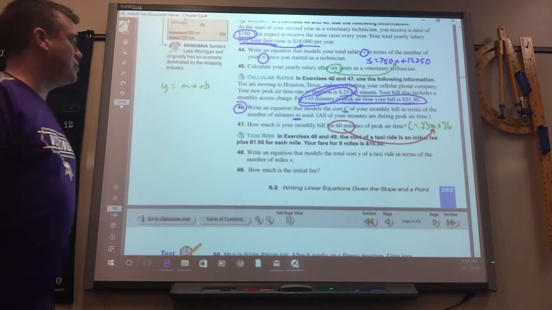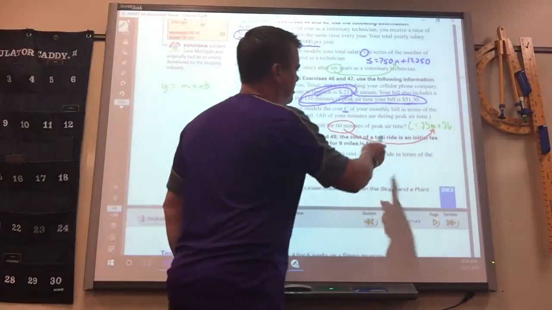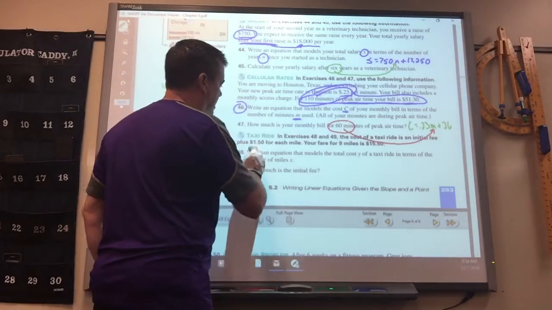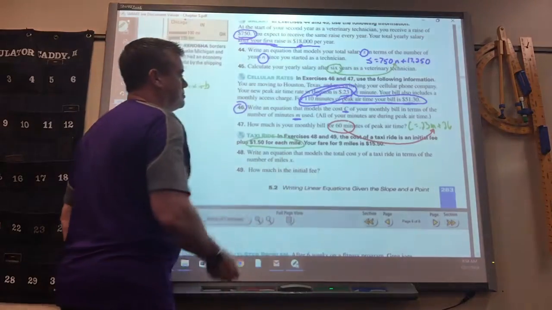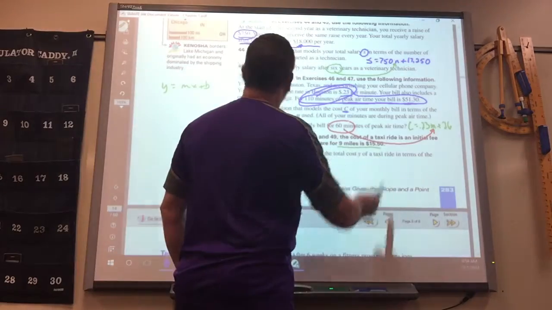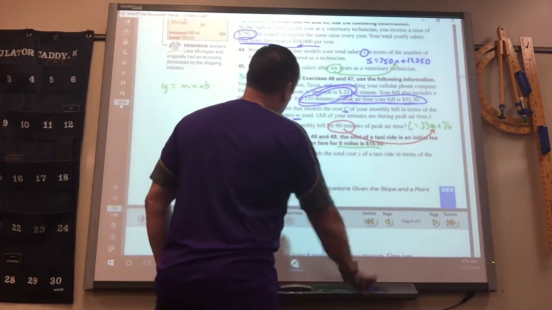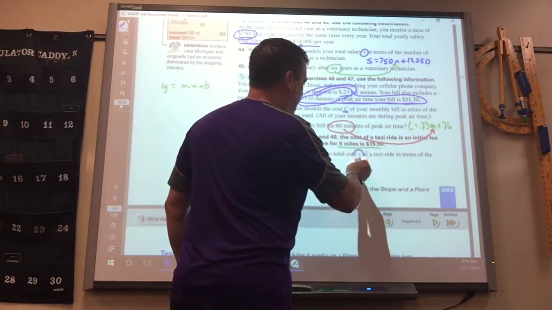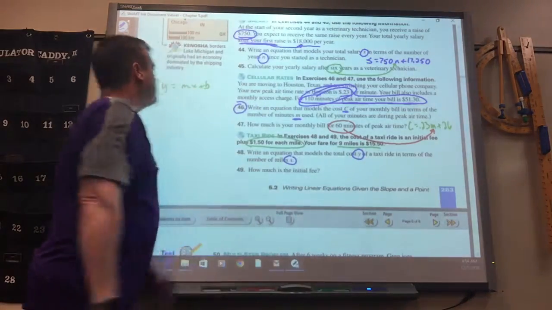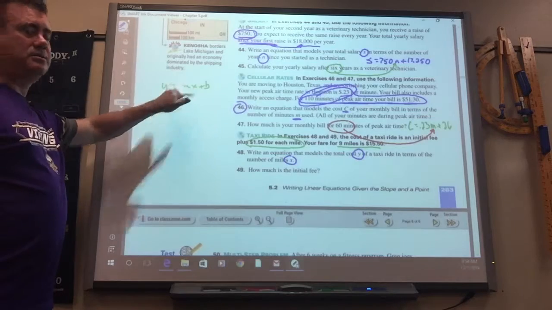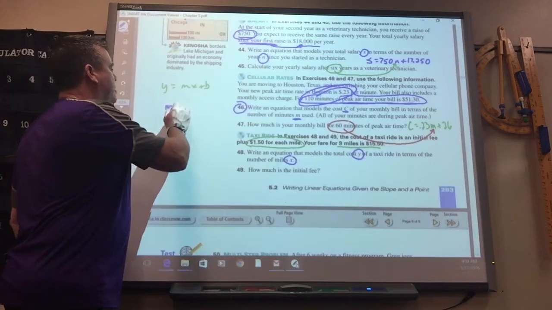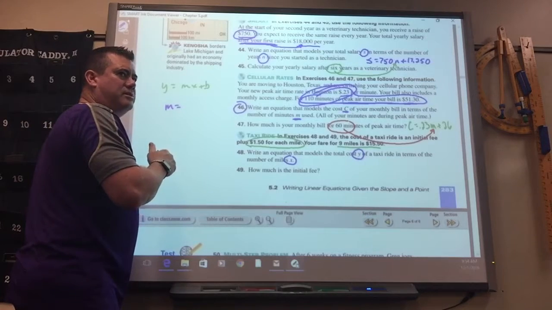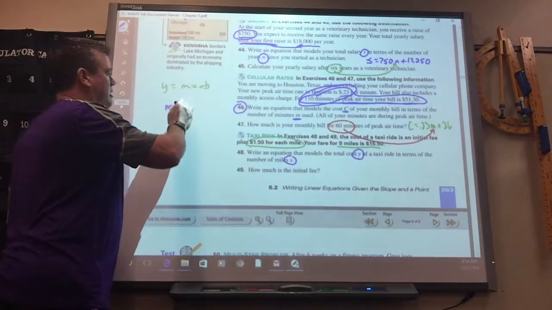Okay, the last two. The cost of a taxi ride is an initial fee plus $1.50 for each mile. Your fare for 9 miles is $15.50. So in 48, they want the equation that's y in terms of x. So we don't need to change anything, y and x. So the m is, what's the rate of change? $1.50 a mile.